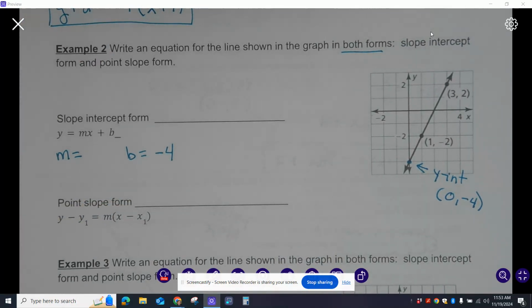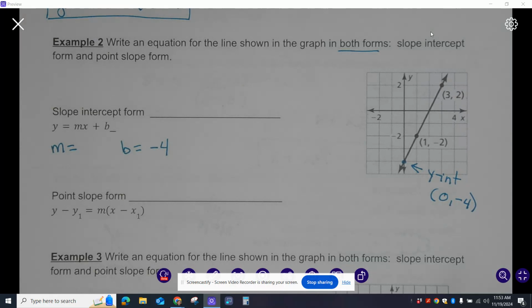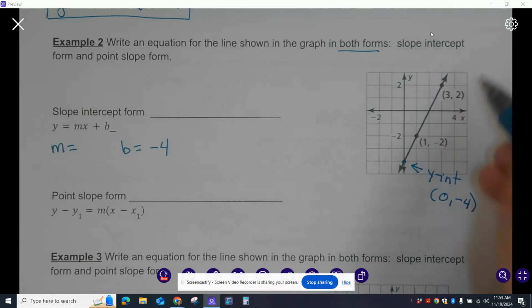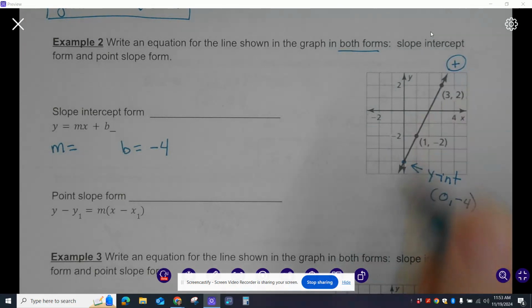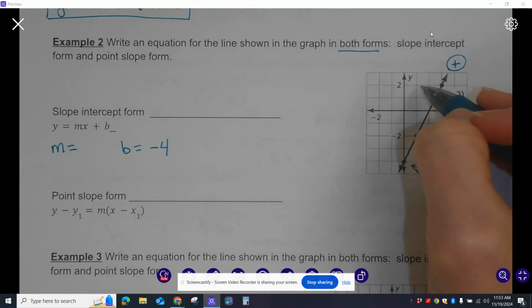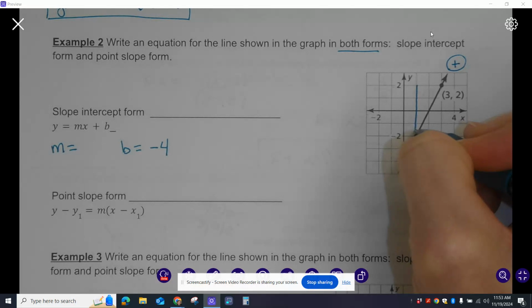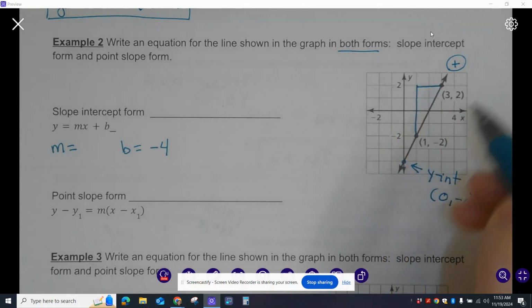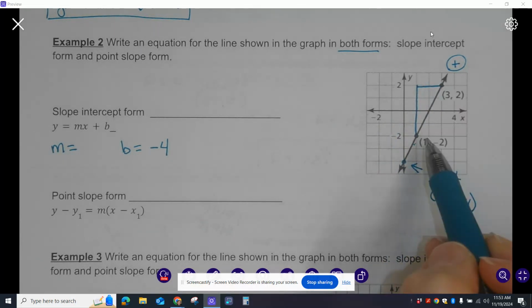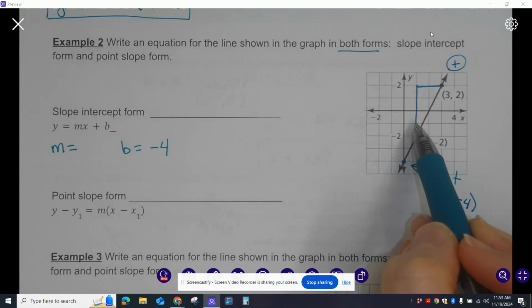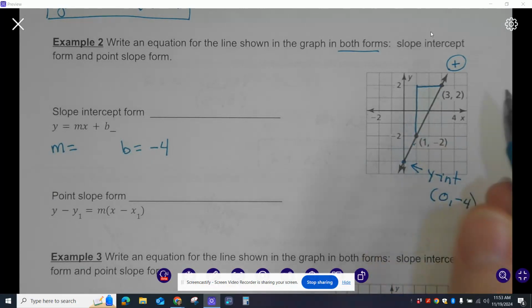To find the slope of this, I have a couple options. First thing I notice is this is a positive slope, so I'm going to put my plus here to remind myself that this is positive. And then I'm going to draw that triangle between these 2 points that they gave me, and I'm going to say, well, I went up 1, 2, 3, 4.